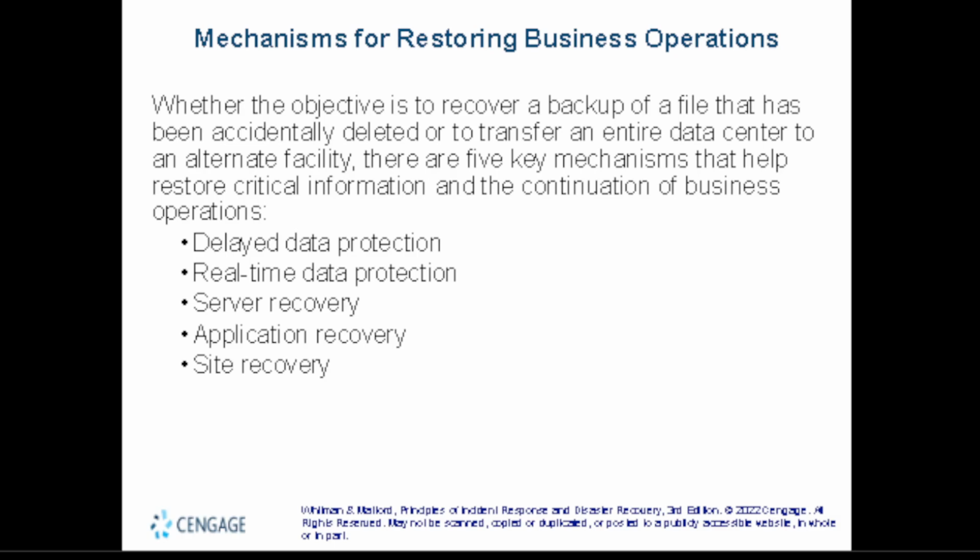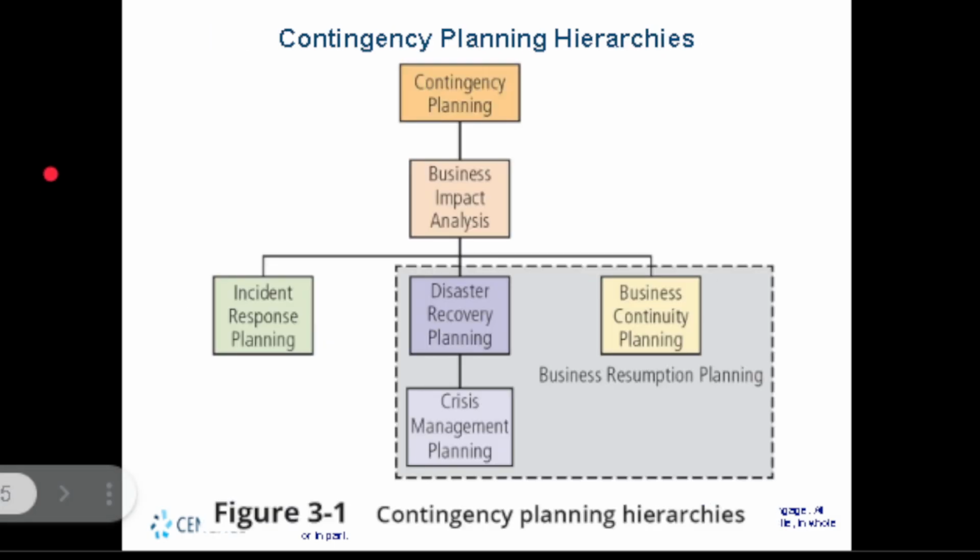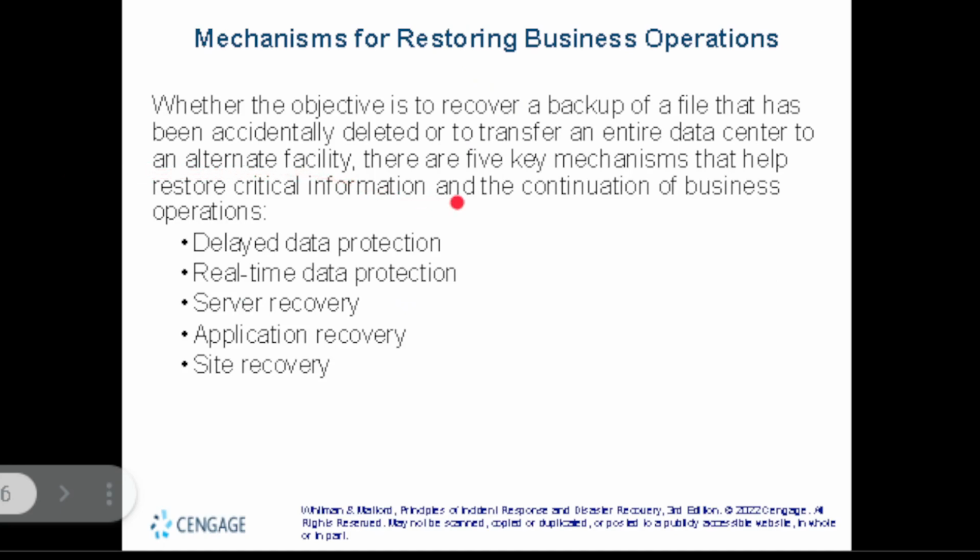Okay, we're going to restore your operation. You're not going to be able to do it immediately, so you have some sort of idea of how the recovery can happen in your contingency plan. You may have just a small incident where you have a file accidentally deleted, or you need to transfer your entire operations over to a new facility.